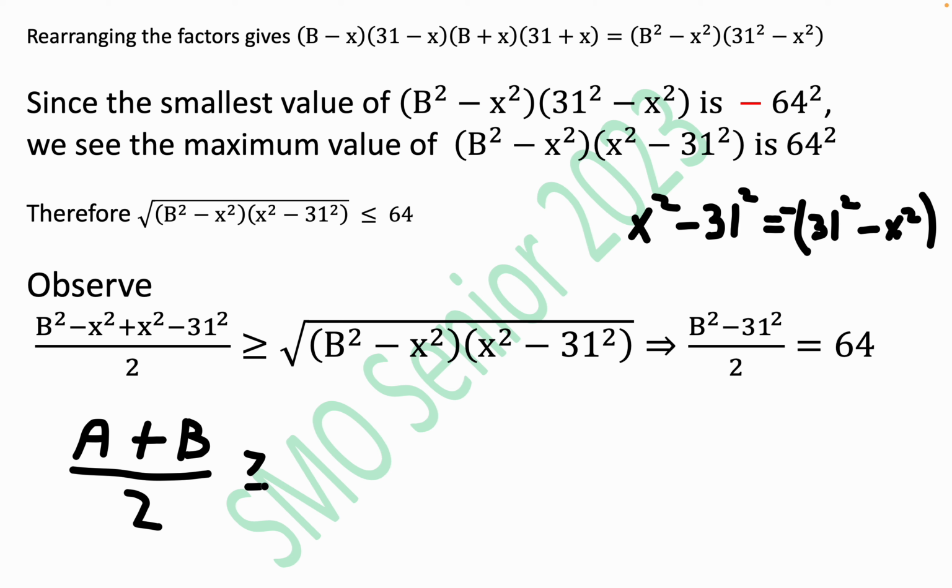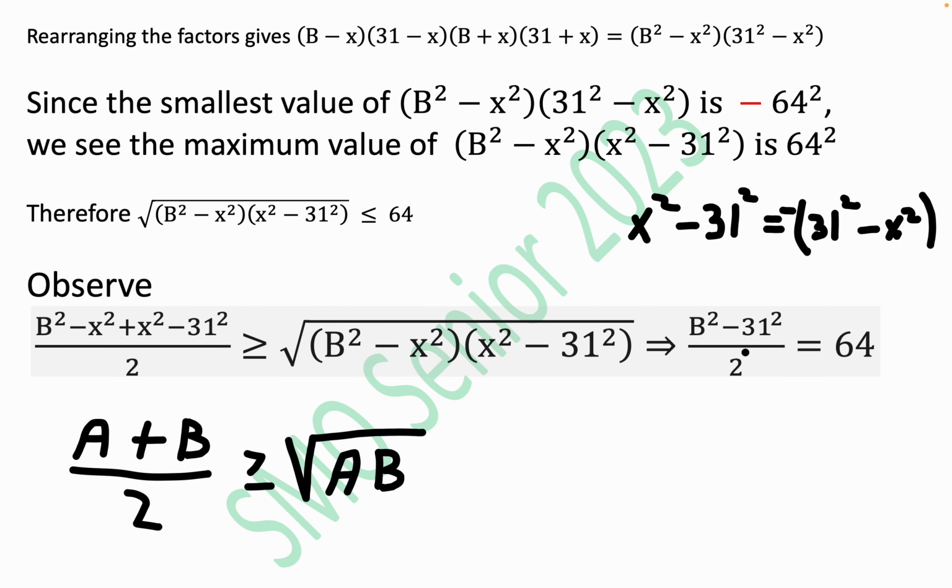You can prove this in a couple of lines. I probably should be using different letters, because this a and b aren't the same as the a and b up here. But anyway, the sum divided by 2 is greater than or equal to the square root of the product. And notice that when you sum these up, the x squareds cancel.